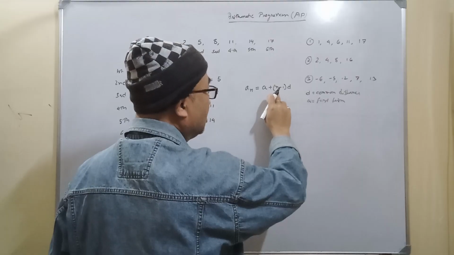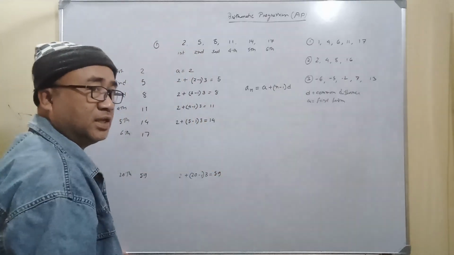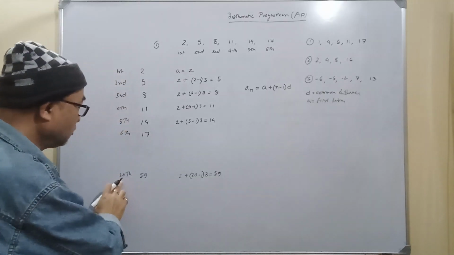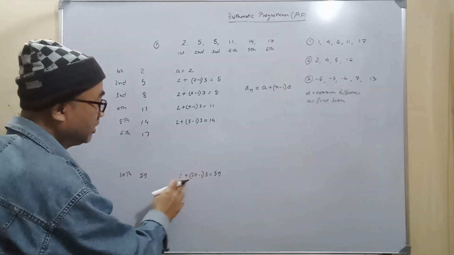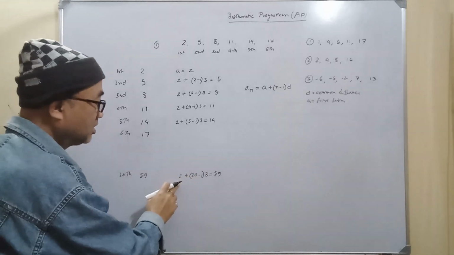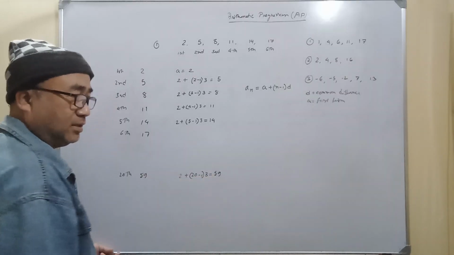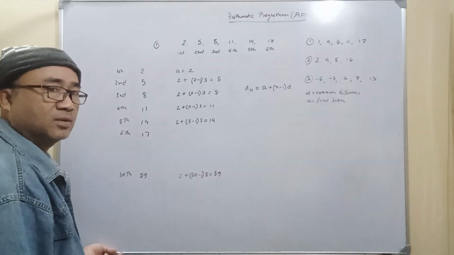What is n? The position of that term inside the arithmetic progression. Here we are told to find the 20th term, so we write 2 plus 20 minus 1 into 3. The first term plus n minus 1 into d is 59, the 20th term.